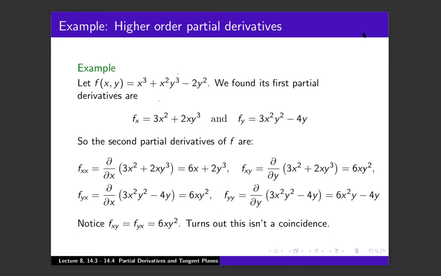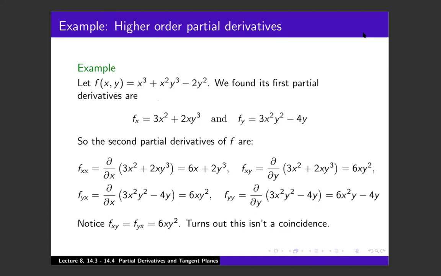And then fyy, you differentiate fy with respect to y, you get 6x squared y minus 4. I keep reading the wrong thing. But the thing that we should notice here is that fxy and fyx turn out to be the same function. They both turn out to be 6xy squared.